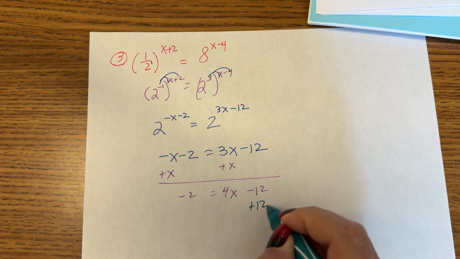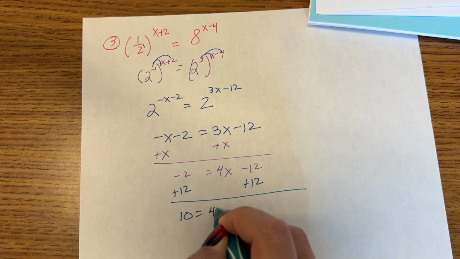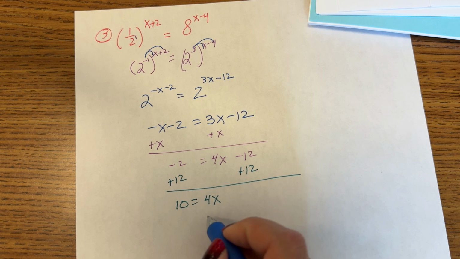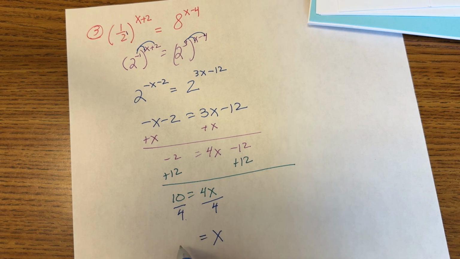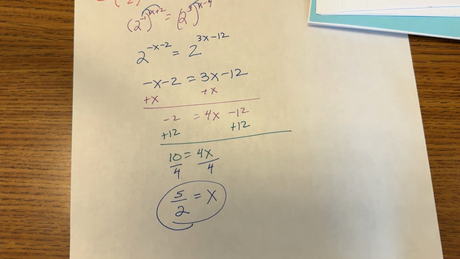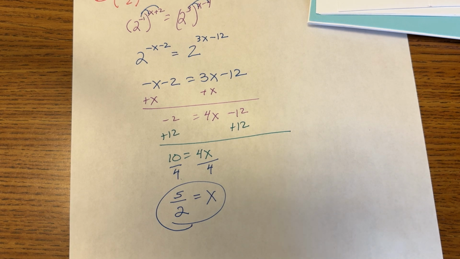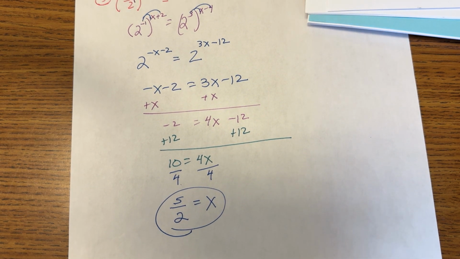Move 12 to the left. Now 10 and 4 are both even numbers, so I will reduce those by 2, and we get our answer. All right, pause the video here, and you try number 4.